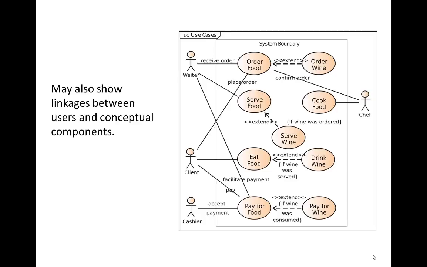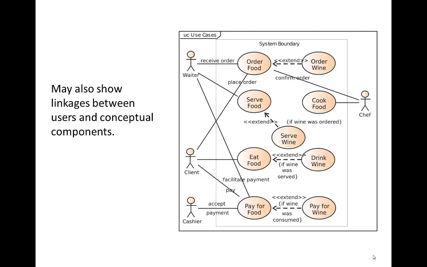These can be more complicated, and you can actually see connections between users and what users do. You can put linkages into your diagrams to show the procedural connections between what things do. Okay, this isn't a computer program, this is a restaurant, but it doesn't matter. So we have our client.